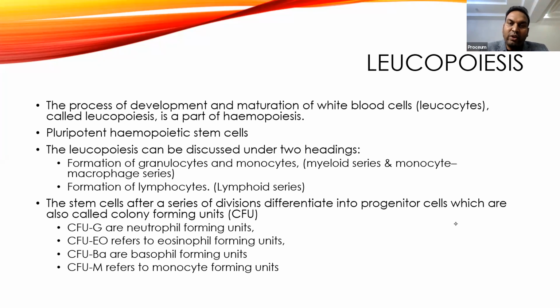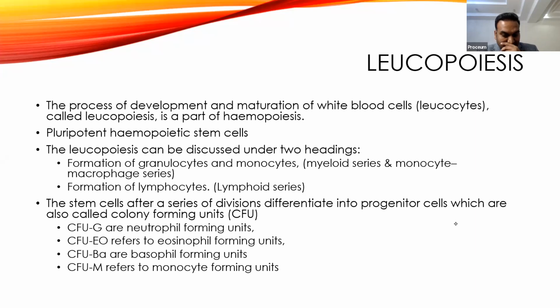These pluripotent hematopoietic stem cells will be exposed to particular chemicals, and those chemicals will lead their differentiation into whether it's going to be erythrocyte, WBC, or macrophage. For converting the pluripotent cells into leukopoietic cells, they have to be exposed to particular factors called colony forming units.